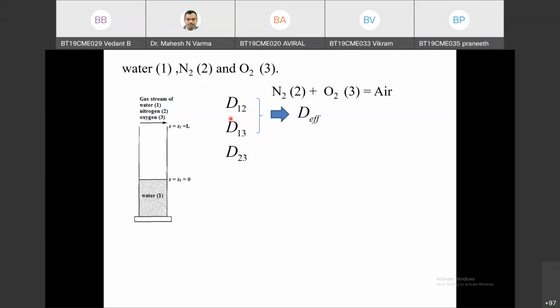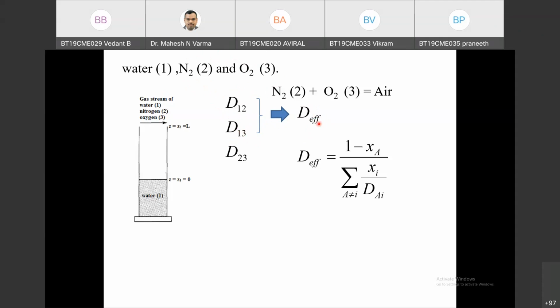So I can use the effective diffusivity and consider the mixture, air, as one species. This effective diffusivity will include the diffusivity of water in nitrogen and of water in oxygen, both effects.